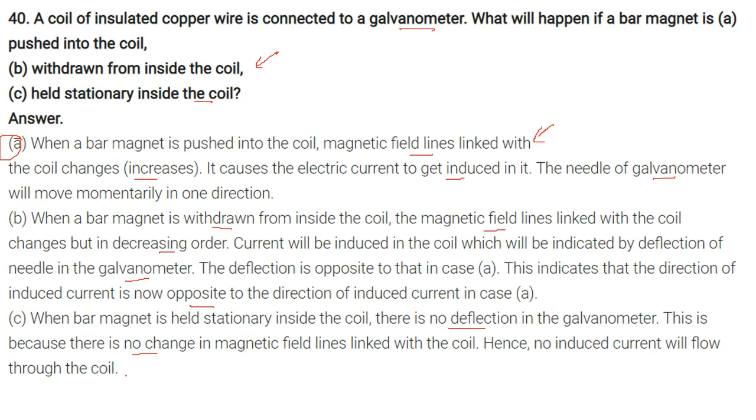This is because there is no change in magnetic field lines linked with the coil, so no induced current will flow through the coil. There has to be some change, either withdrawing or pushing the magnet into the coil.